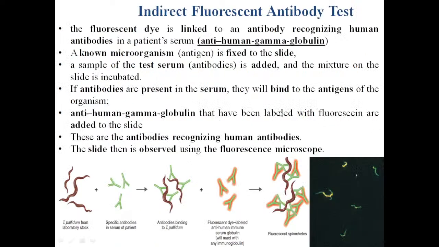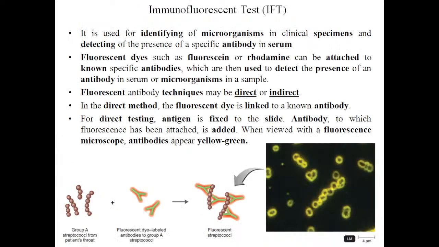Indirect fluorescence antibody test is used when the fluorescence dye is linked to an antibody recognizing human antibodies in a patient's serum. I understand it is difficult to memorize and to understand. Once more, in the previous one, direct, fluorescence dye is labeled with antibodies.